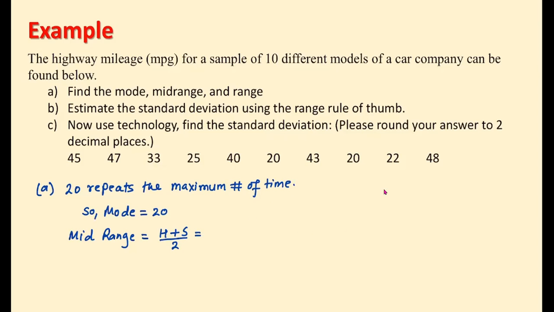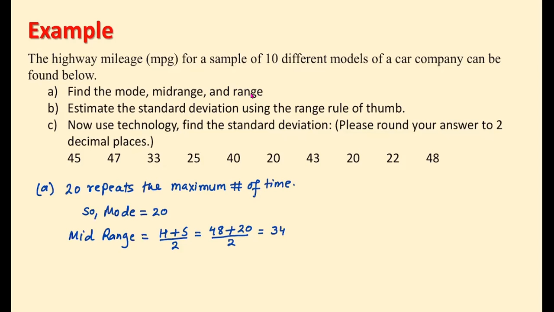For this data, the highest value is 48, and the smallest value, as you can see, is 20. We have to divide that sum by 2, which is equal to 48 divided by 2, 24, and then 20 divided by 2 is 10. So 24 plus 10 is 34.